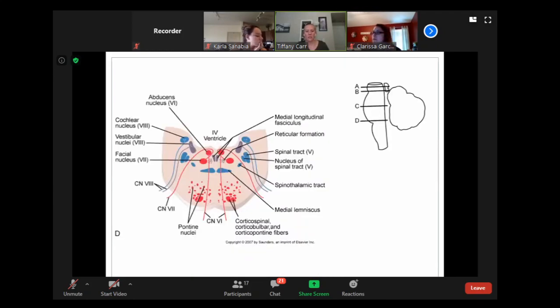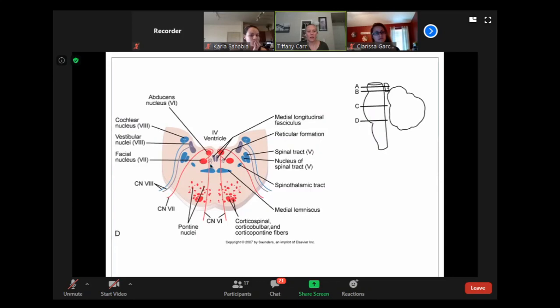All right, so this is going to be that pontomedullary junction. So it's right down here. This is going to be where cranial nerves 6, 7, 8, and 9 all exit. So you can see all of these. So we're talking about the vestibular nuclei. They're going to be up here. The facial nuclei are more medial.